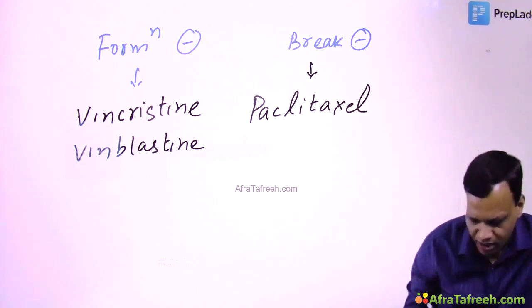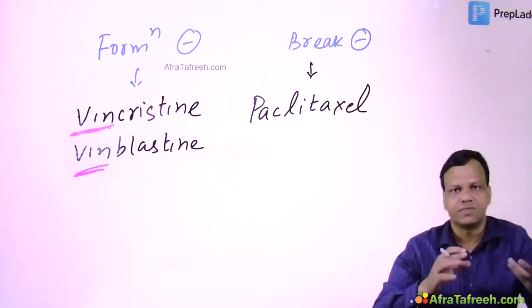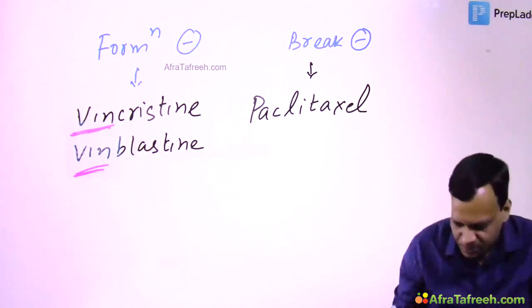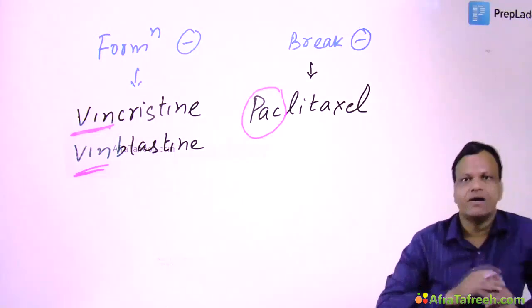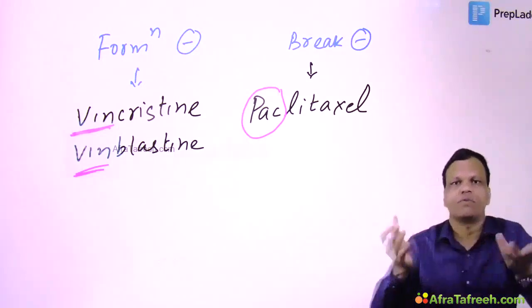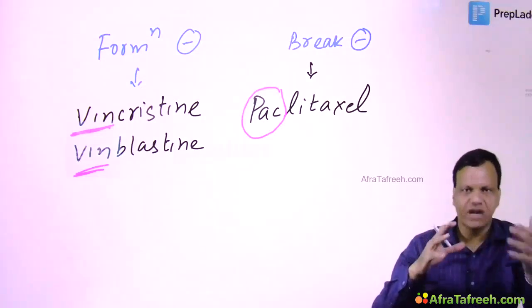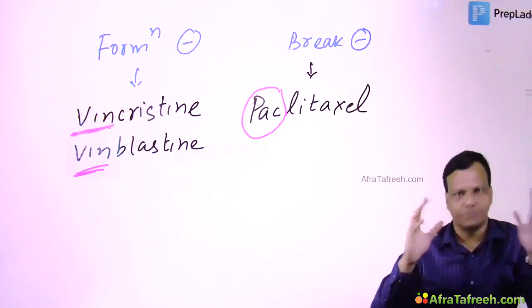From the name you can remember, here the name starts with bin. Bin means without spindle; spindle will not be formed at all. Whereas the paclitaxel name starts with pack, meaning after formation the spindle is packed, and when it is packed, it cannot be broken. So paclitaxel inhibits breakdown of the spindle. Vincristine and vinblastine inhibit formation of the spindle.